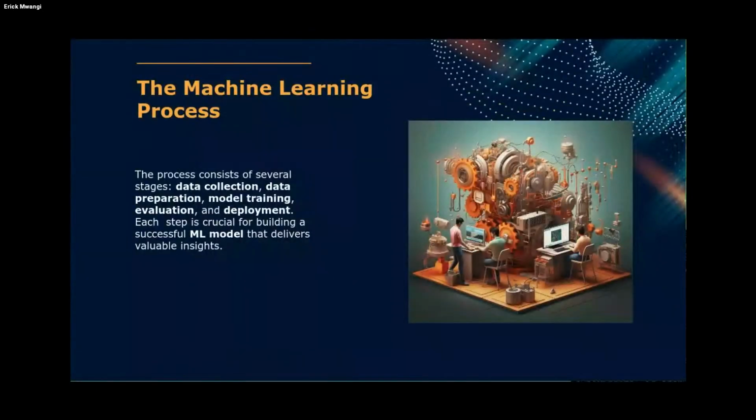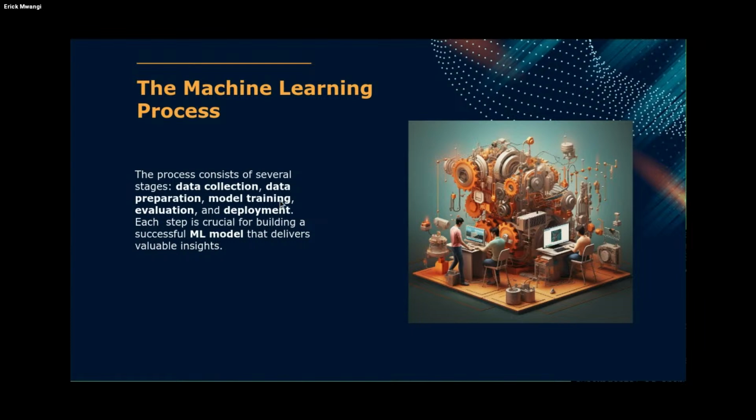Now the machine learning process mostly entails data collection, data preparation, model training, evaluation, and deployment. As I said earlier, for you to train the machine learning model, you need to have a lot of data. So the first step is usually data collection. You need to get data for the specific purpose that you have.